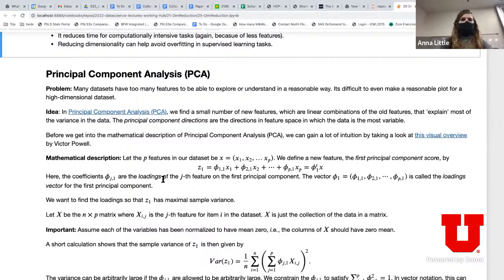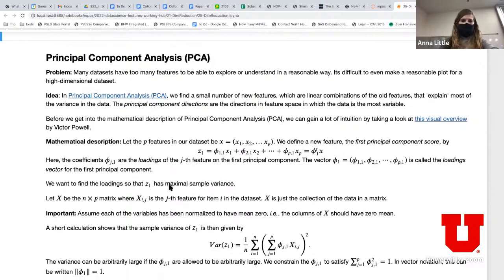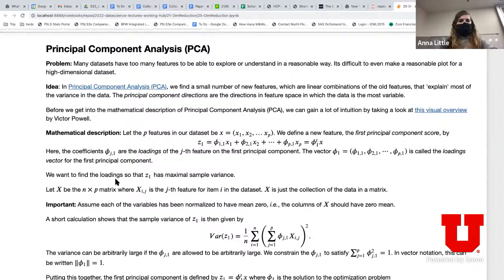Okay, so we want to pick this phi in a smart way. How are we going to do that? Well, we want to find the loadings, we want to find the phi so that this new feature, Z1, has maximal sample variance. So let's say I put all of my data in a big data matrix.